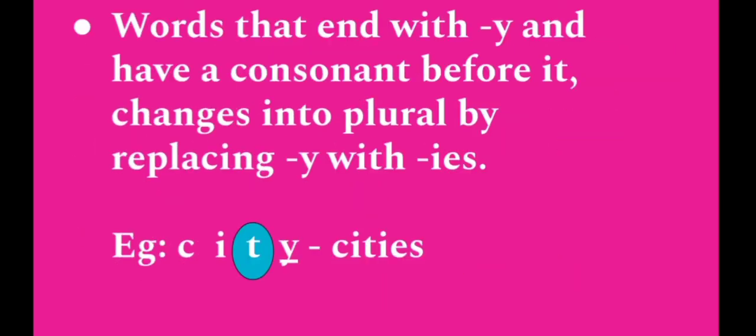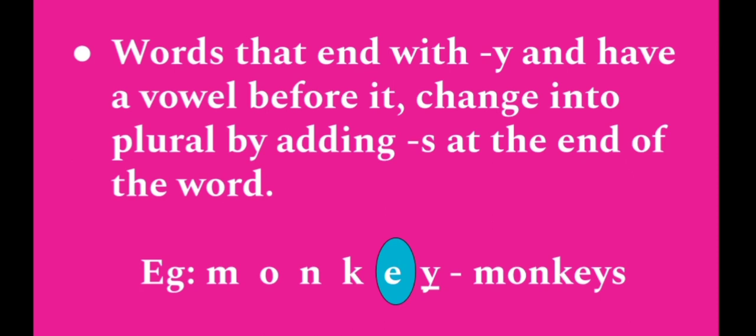So once again I'll tell, if a word ends with Y and the letter that comes before Y is a consonant, you have to add es. That is, Y changes to I, then we add es. And if the word ends with Y and the letter that comes before Y is a vowel, then you have to add S at the end of the word.